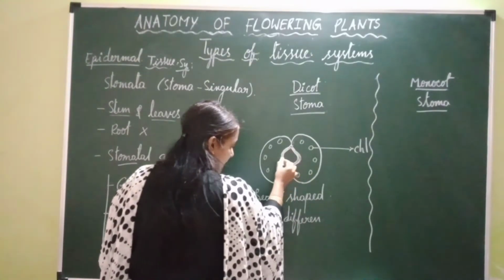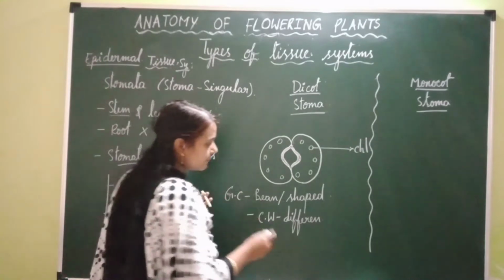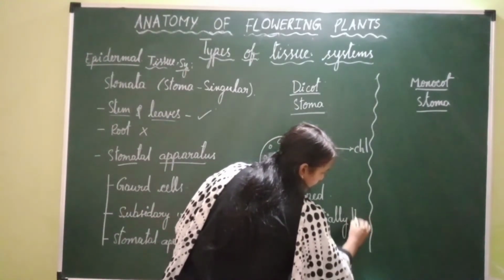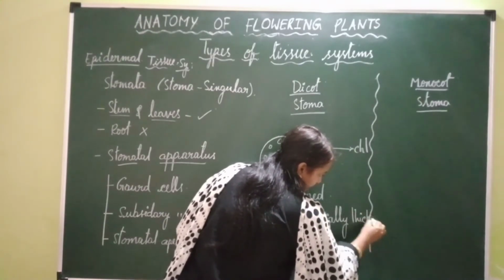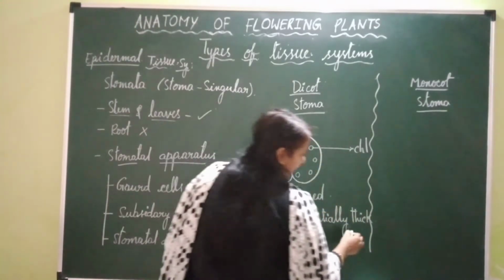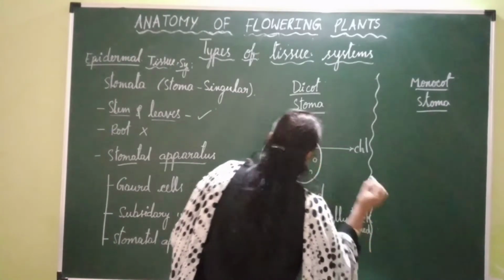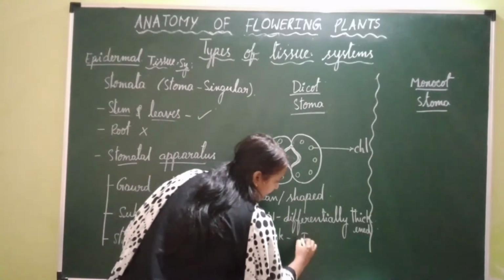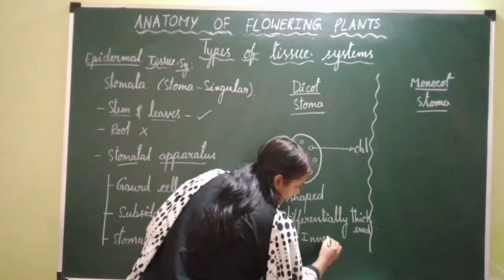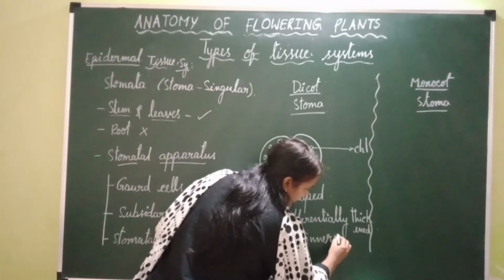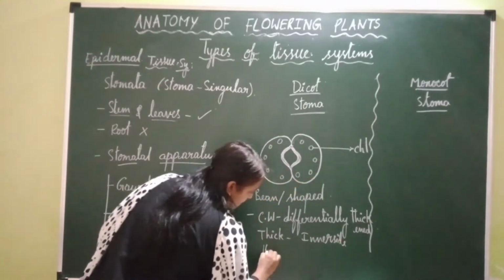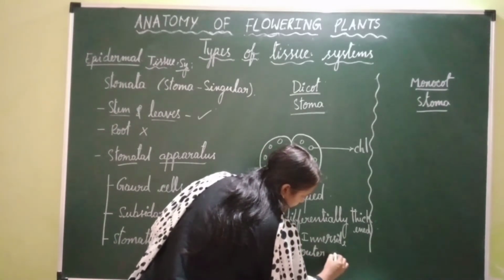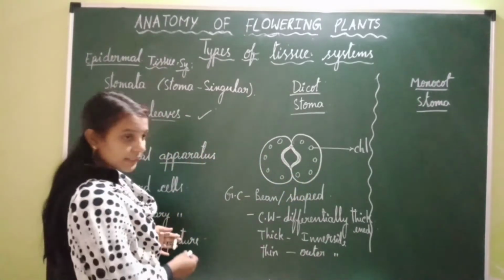So the cell wall of guard cell is differentially thickened, thick towards the inner side and thin towards the outer, peripheral side, right.